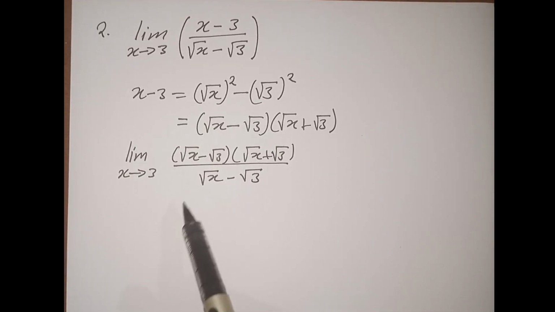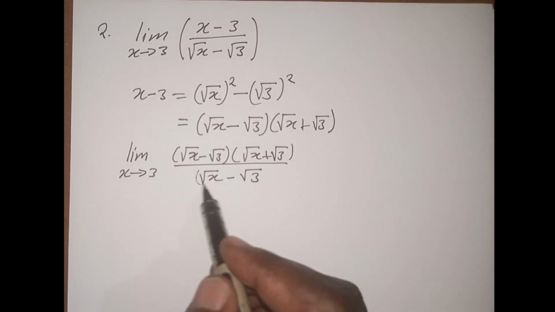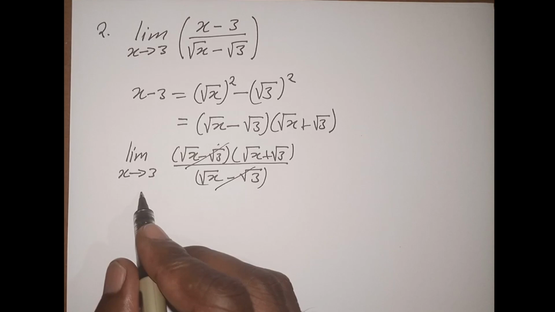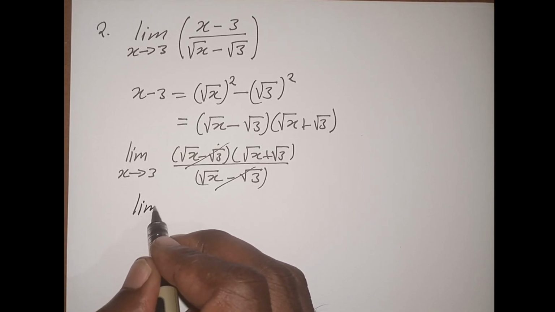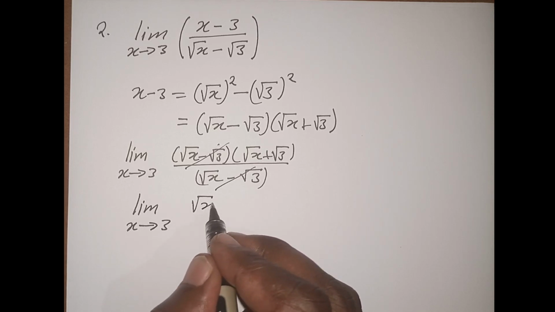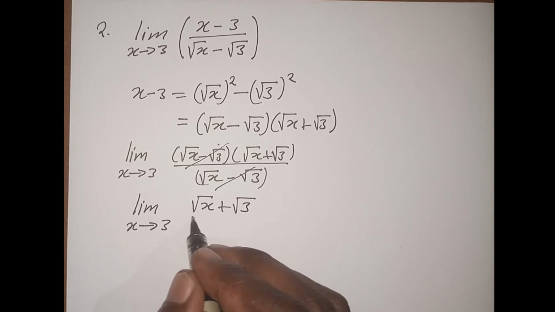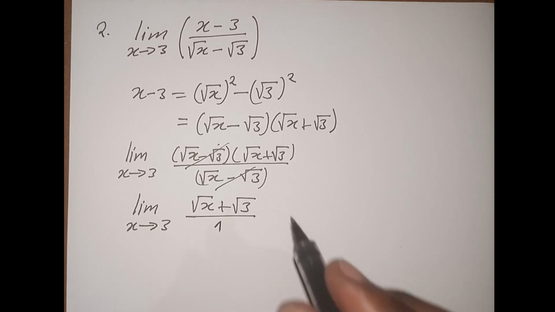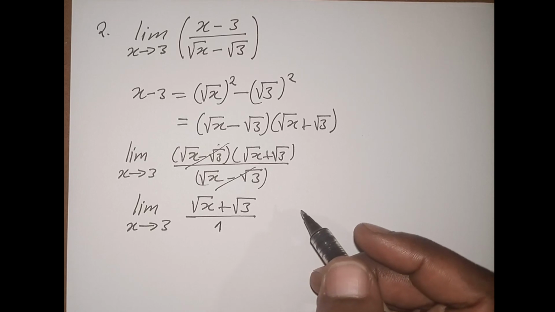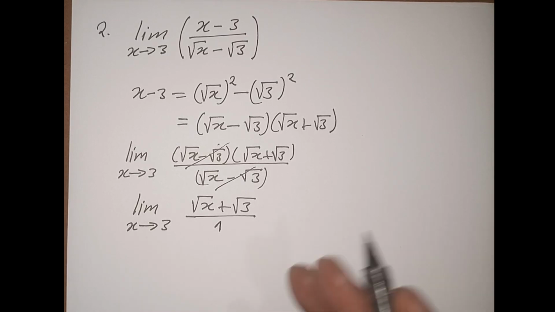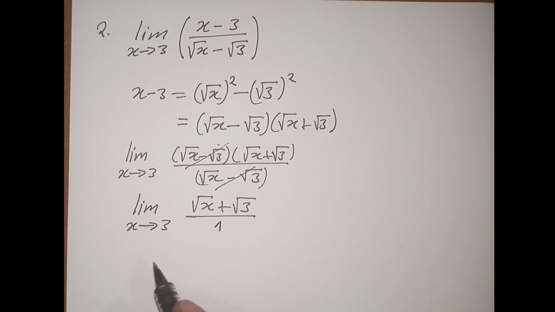Obviously from here we know that this and this are the same, so we can divide them out and then remain with the limit as x approaches 3 of square root of x plus square root of 3 over 1. And then here you can now directly substitute, and you're not going to get any indeterminate solution.